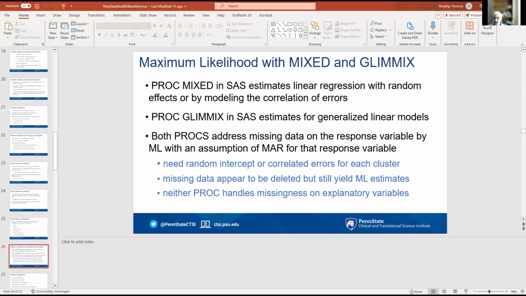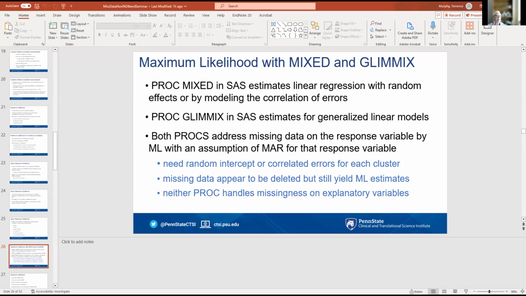So now the good news for those of us who use SAS, which is quite a few of us here at Penn State and in many institutions, especially where you analyze randomized controlled trial data, is that if you model your outcome with proc mixed or proc glimmix, it turns out that both of these procs implicitly apply maximum likelihood with an assumption of missing at random on the response variable. Proc mixed is for linear regression where you want to include random effects and or direct modeling of the correlation of errors.